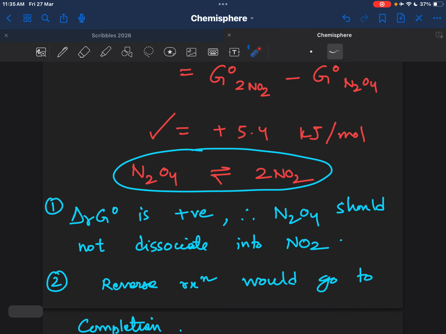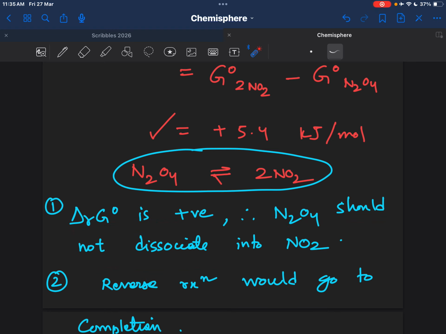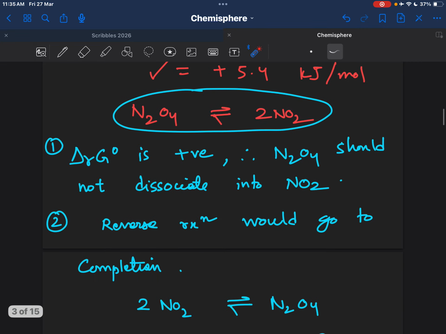So here the first statement, that delta R G naught is positive so N2O4 should not dissociate into NO2, is not correct, because I will emphasize again that delta R G naught is calculated assuming that reactants completely convert into products, but that's not the case here. Here the reactant is converting into an equilibrium mixture, as we have discussed.